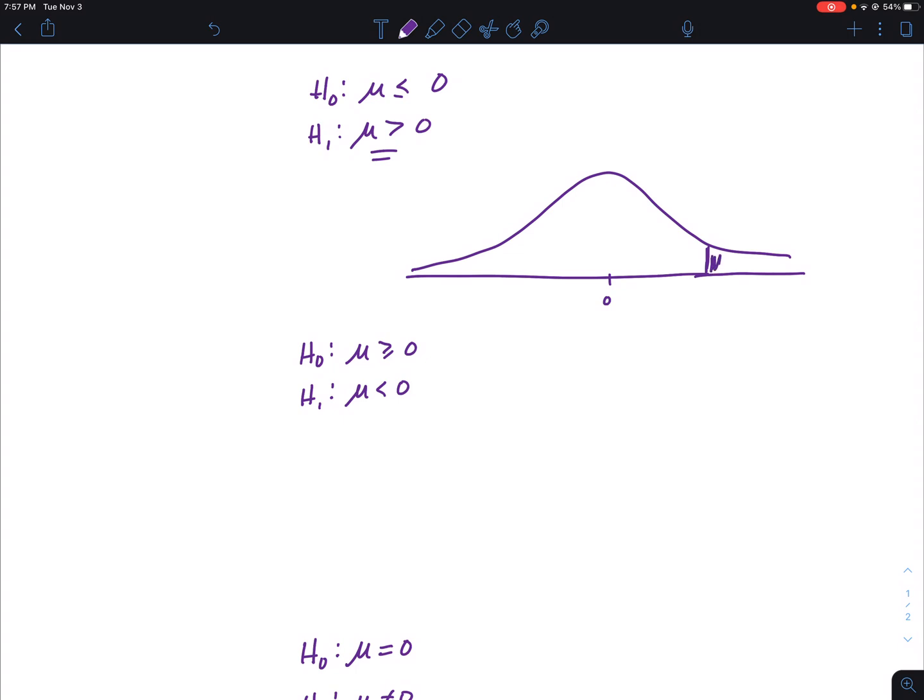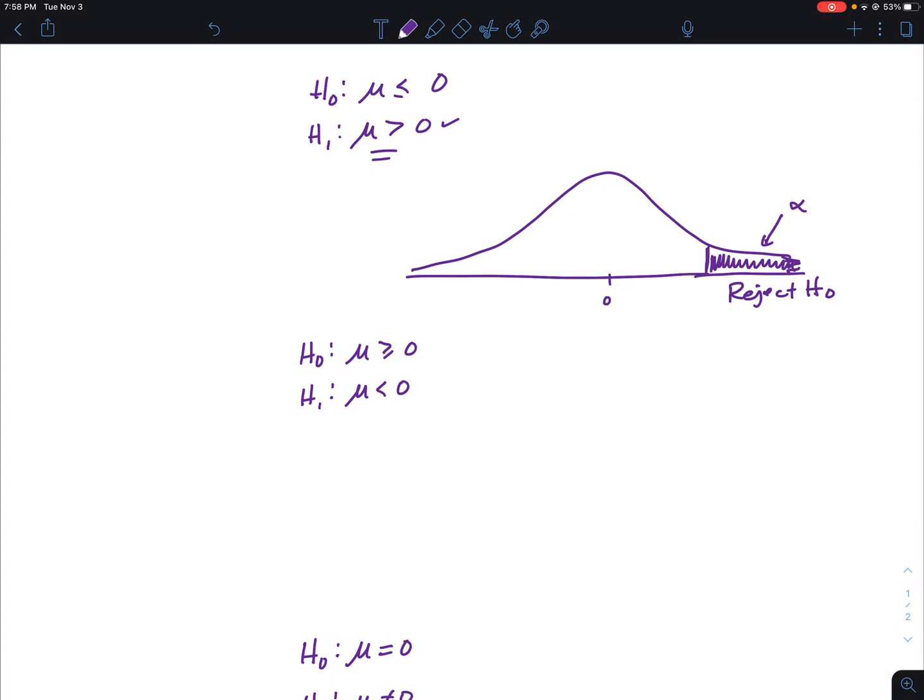I didn't draw this very well, it should be further over. But the alpha level that we're trying to get into, our critical region, is going to be on the upper right-hand side. Since this is a greater than, it matches the greater than up here. So this is where we want to land to be able to reject H naught, in that little alpha.